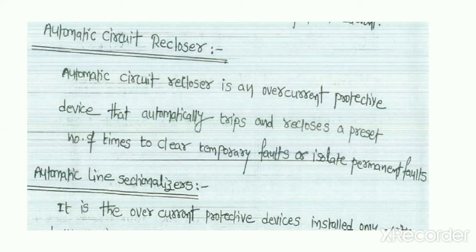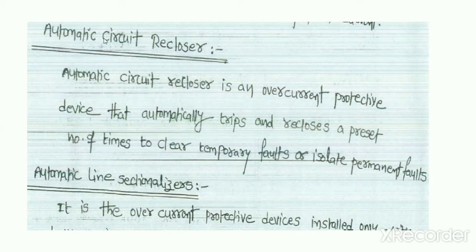Therefore, it is used to give continuity of supply, and it gives protection against asymmetrical faults. Some faults are rectified automatically and some faults are rectified permanently. We have two types of faults, that is permanent faults and temporary faults.